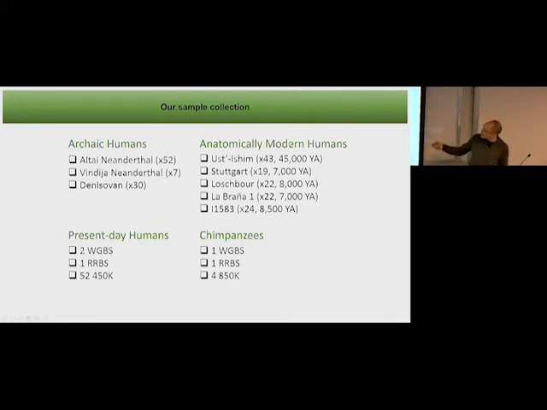This is very important because these anatomically modern humans died 5,000, 10,000, 20,000, sometimes 40,000, 50,000 years ago, and we can reconstruct their DNA methylation to make sure that there is no bias in the method. So it's exactly the same method, only on modern humans.